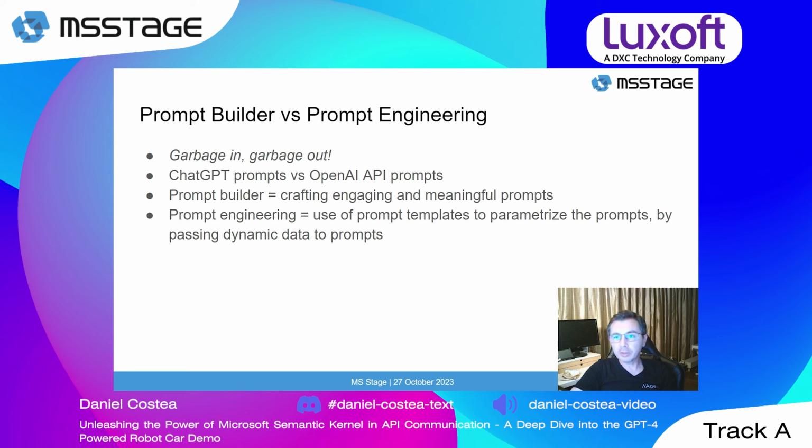On the other hand, when using the OpenAI API, you are not just crafting prompts, but also managing how the model interacts with these prompts. This includes handling things like token limits, response length, temperature settings, and more. So we call this prompt engineering.